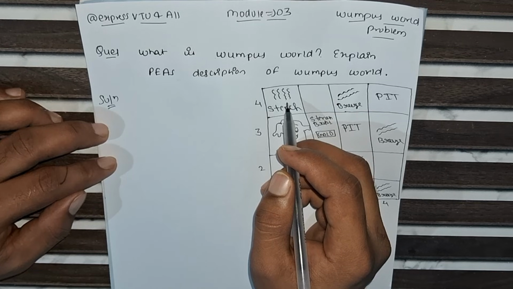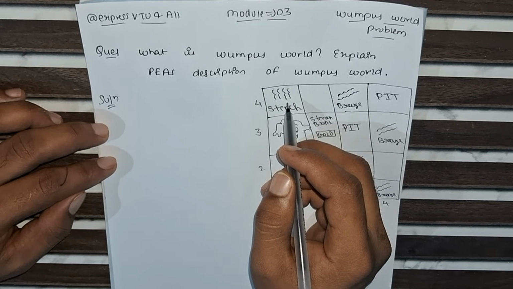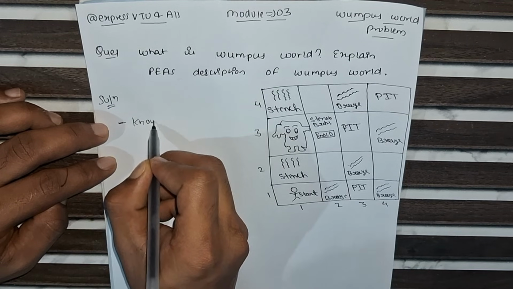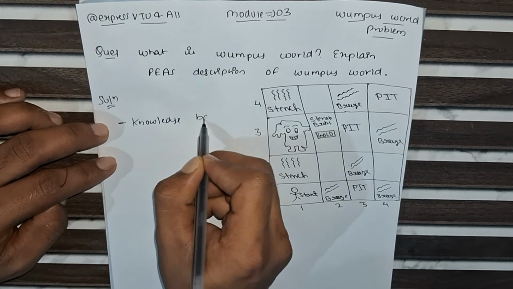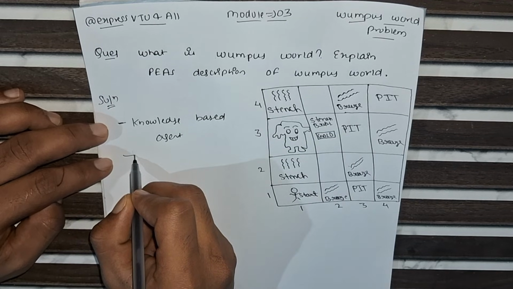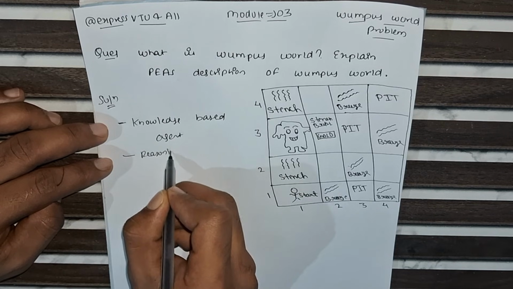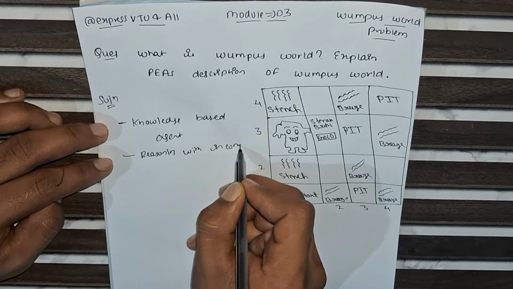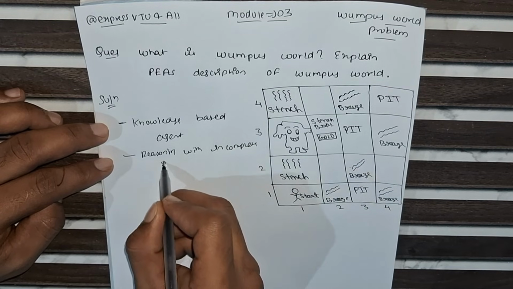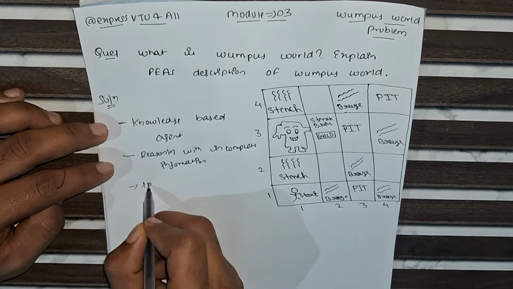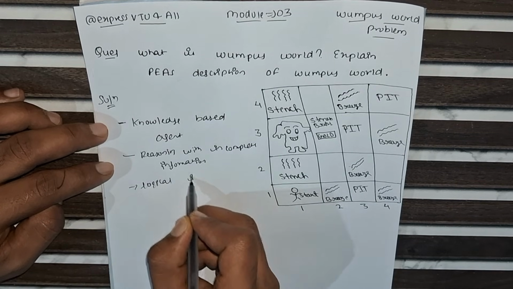The Wumpus World problem is a classical AI problem used to explain knowledge-based agents, and another one is reasoning with incomplete information and logical inference.